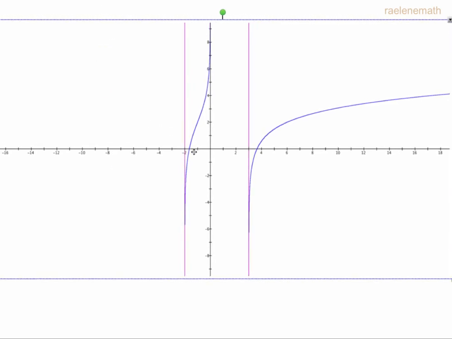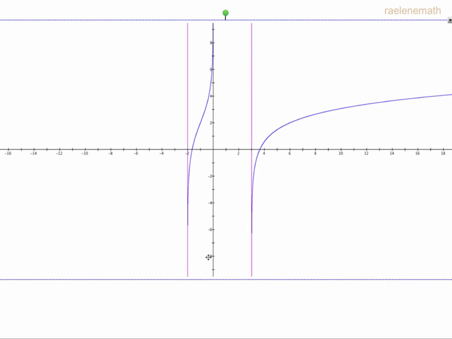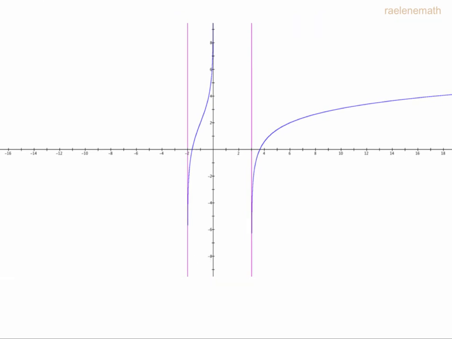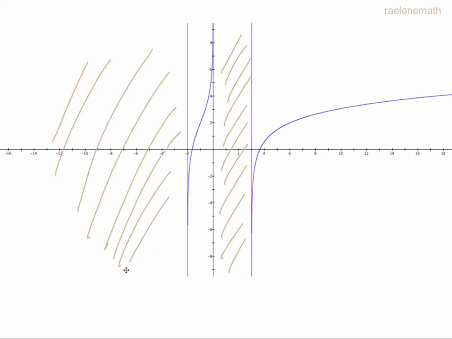So if we want to analyze this a little bit more, we see that we've got no graph occurring here, but we have y approaching -infinity or positive infinity. So it seems to suggest that x equal to -2 and x equal to 0 are vertical asymptotes of the function.